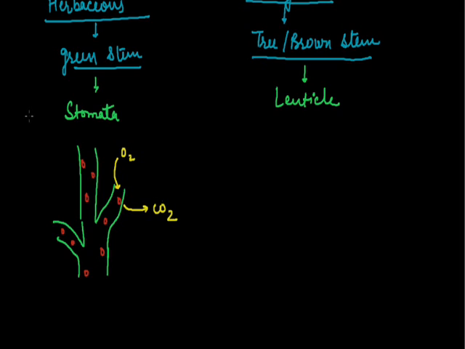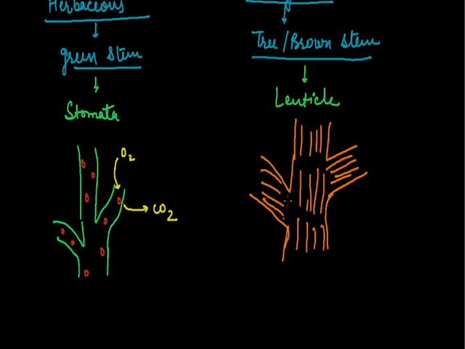If you talk about the woody stem, the lenticels on the tree branch, if you look at a tree, tree barks are always ruptured, and because of that rupture, slit-like openings are present at the surface of the tree bark.